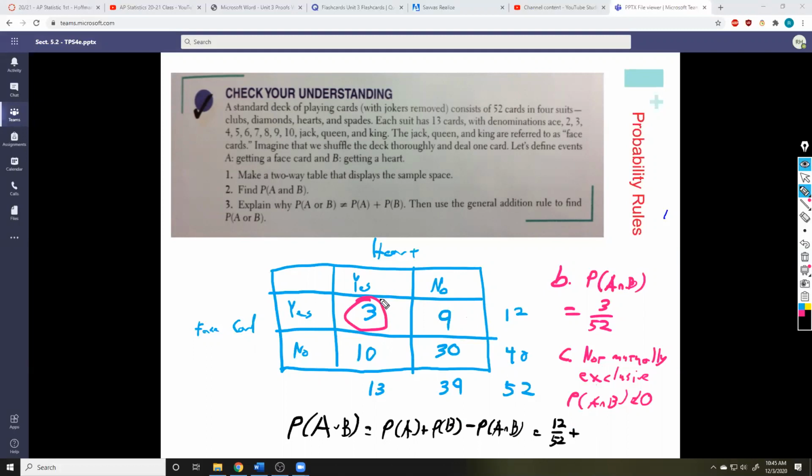Plus the probability of B, that is 13 of them out of 52. That's how many of them were hearts. And then we want to take away double counting the face cards and the hearts. Instead of counting them twice, we want to count them once. So 12 and 13 is 25, minus 3 is 22 out of 52.